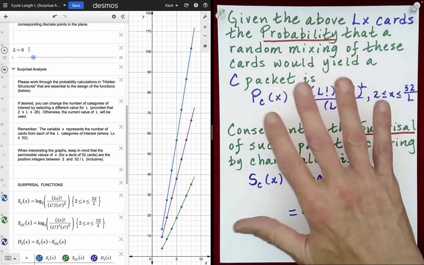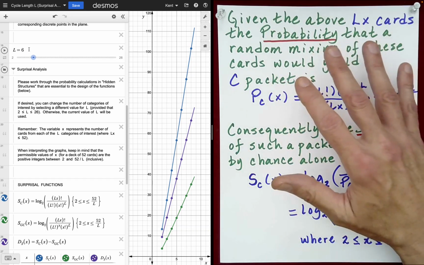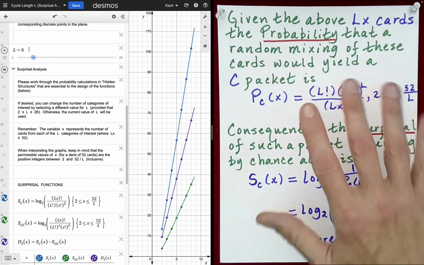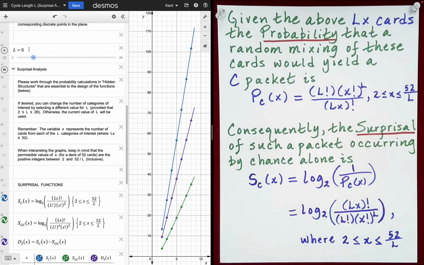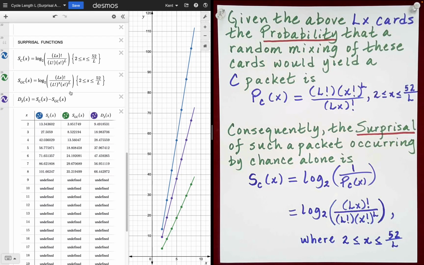What level of surprise is the spectator likely to experience in seeing the successful completion of this routine? Okay, well, let's go down here and take a look. So we're looking at the Surprisal functions. Now, of course, the original organization of the cards has a higher Surprisal level because it's more structured, right?